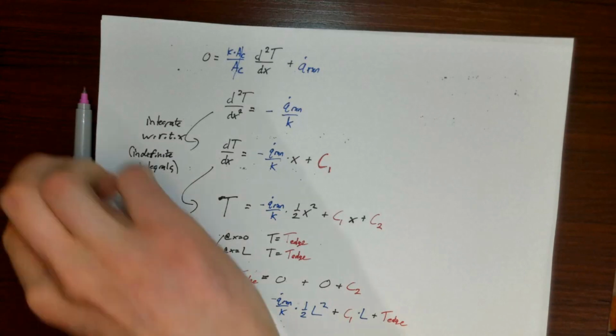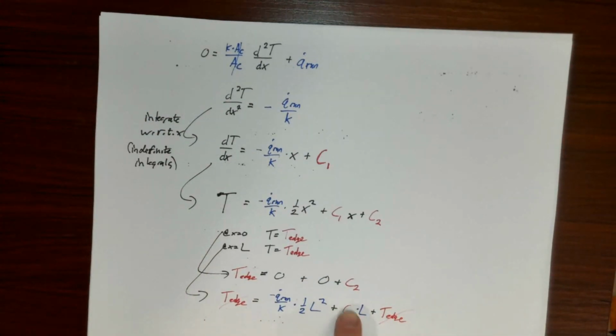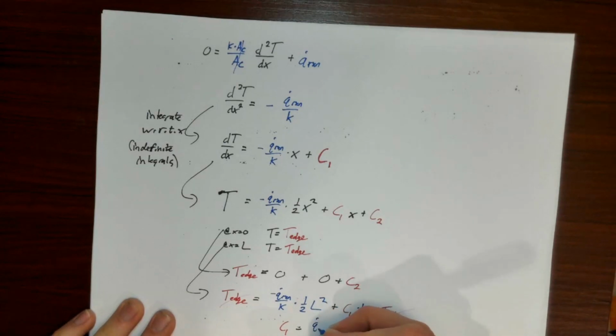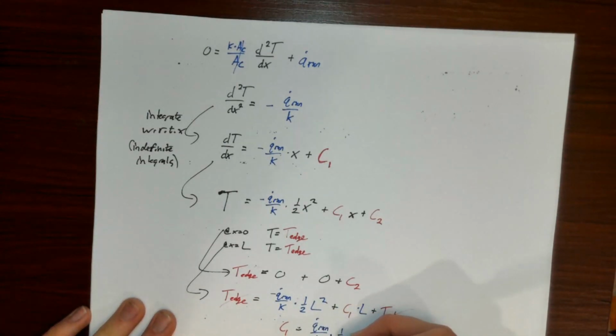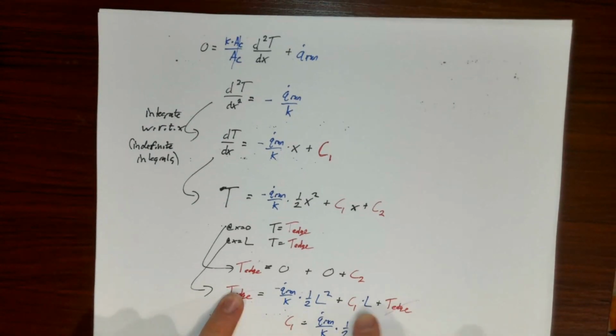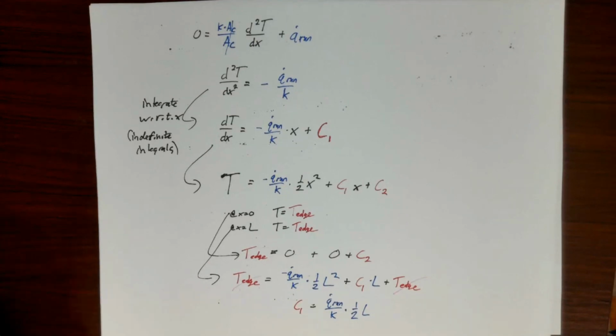Conveniently, the T edge can cancel out from both sides, and this can give me C1 in terms of some known constants. So my C1 ends up being q dot of my reaction over k times 1/2 L. If T edge cancels out on both sides, I can bring this to one side and then divide both sides by L, and then I get this C1 right here.